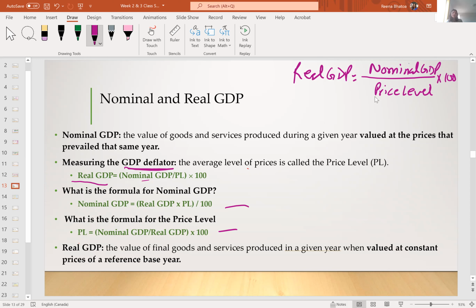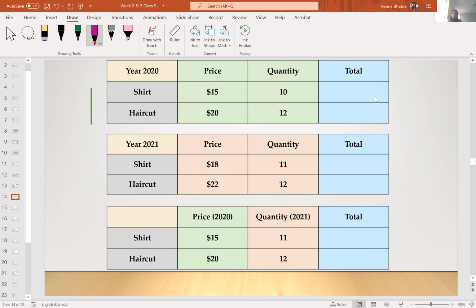Okay, so this is the difference between real and nominal GDP. To understand a little more, I will not work on this one. You can just use this slide to work with this. Let's say this is year 2020 and this is 2021. When you have no year before 2020, consider this as the base year or your previous year. Whatever GDP you calculate here will be nominal and real GDP.